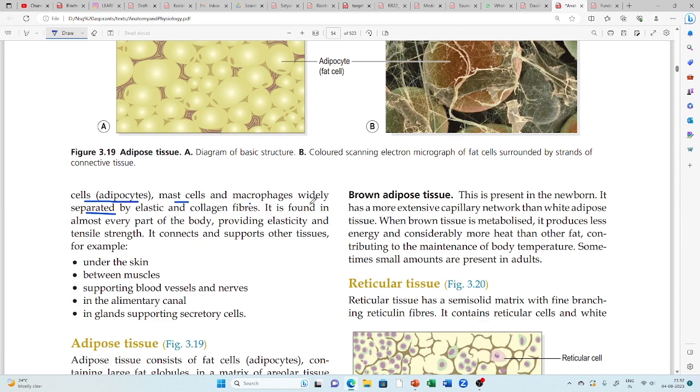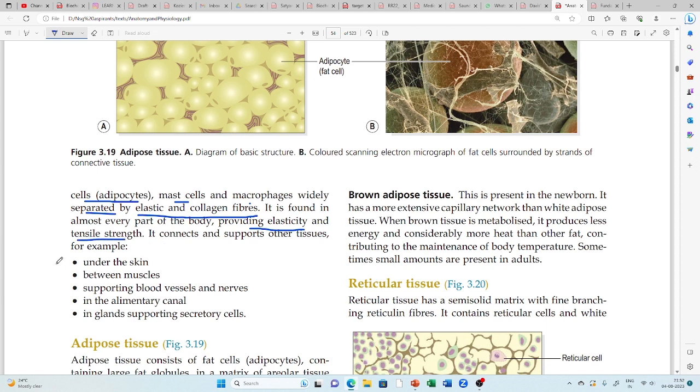But these cells are arranged separately, with a space between them, widely separated by elastic and collagen fibers. It is found in almost every part of our body, providing elasticity and tensile strength.